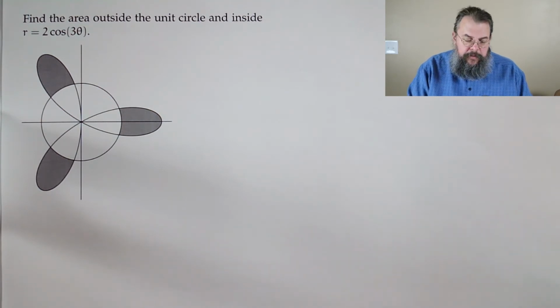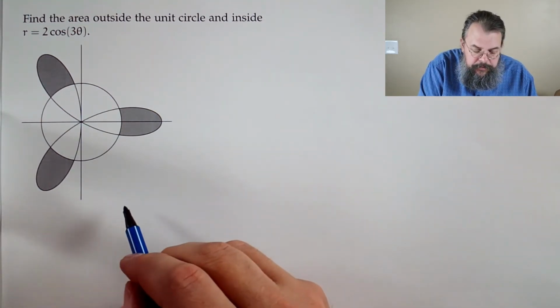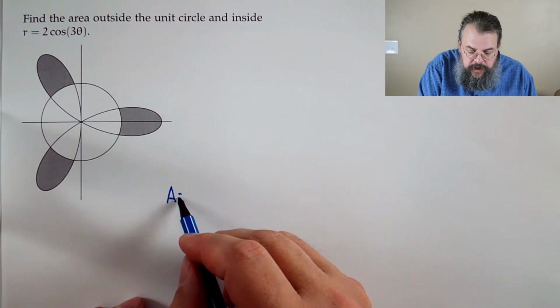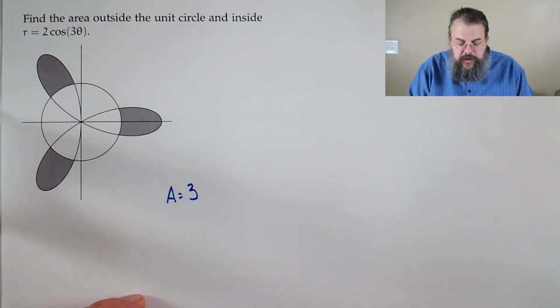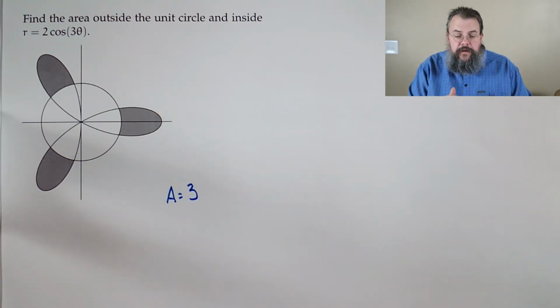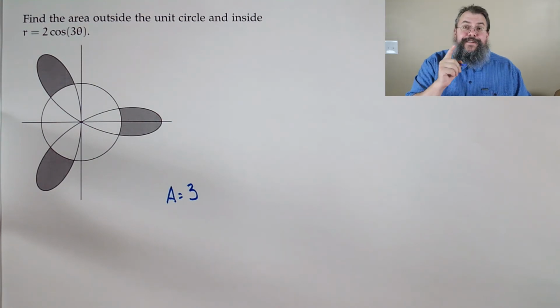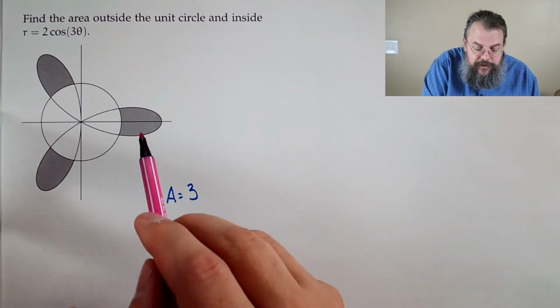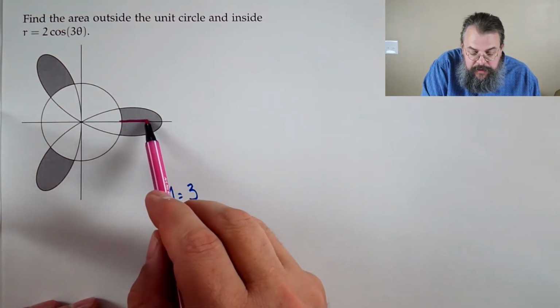All right, so we have our area will equal 3 times something, right? Because we're just going to do 1 petal. But actually, let's go even further and say, look at this first petal. I could split it in half.